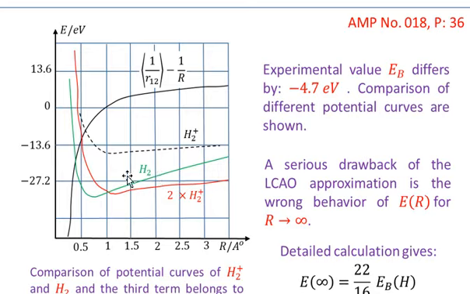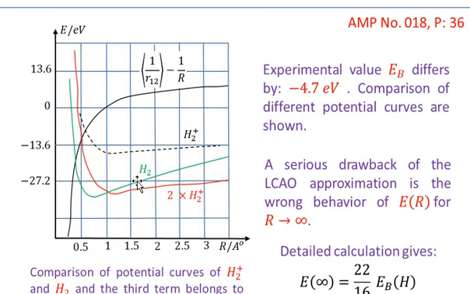For example, the green curve of the hydrogen molecule gives a wrong result when R goes to infinity, because the H2 molecule should converge similar to the red curve.